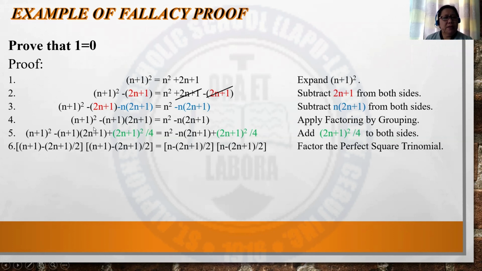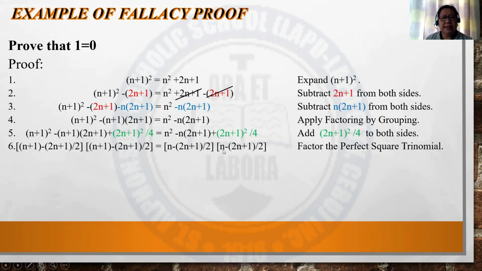The middle term is the result when you multiply the first term with the second term of the other, and the second term with the first term of the second. Factor n squared, you have here n and n. Factor this, 2n plus 1, the quantity squared, over 4. Then you will have 2n plus 1 over 2. Write it here. And then the middle term again is the result when you multiply n with this and this one with this.